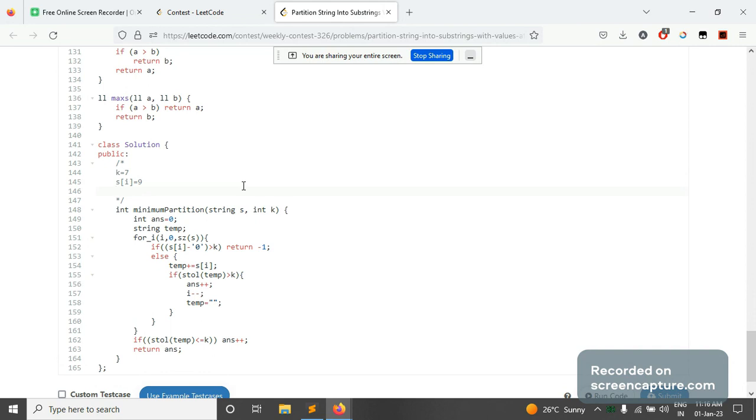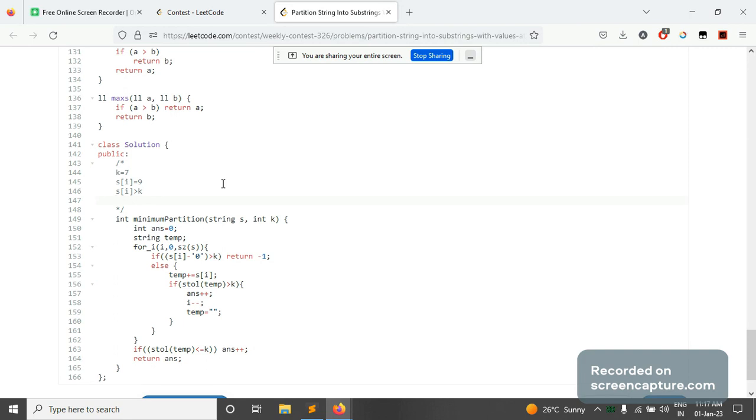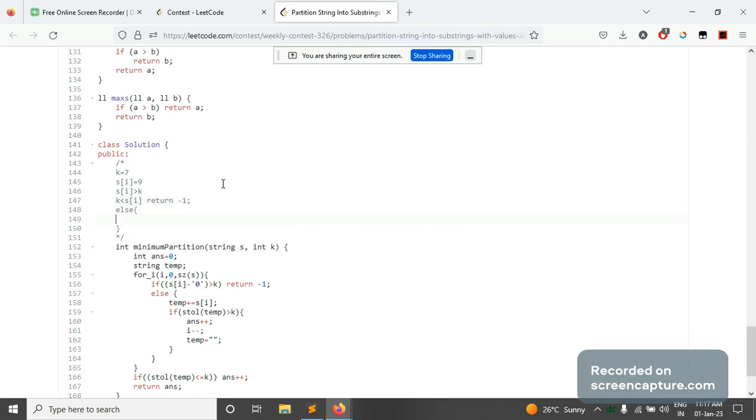Clearly, s of I is greater than k, so we will not be able to make any partition of a substring that is smaller than k. Here k is smaller than s of I. So in that case, we just have to return minus 1. If the character is greater than k, we return minus 1. Otherwise, we will keep on taking that character into the string.